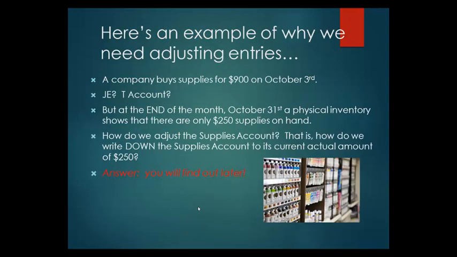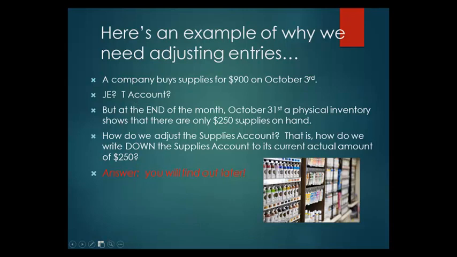One more reason as to why we need adjusting journal entries. A company buys supplies for $900 at the beginning of October. And I want you to think, what would that journal entry be, and how would I post it to T accounts? This should be more and more familiar to you. But let's go on.